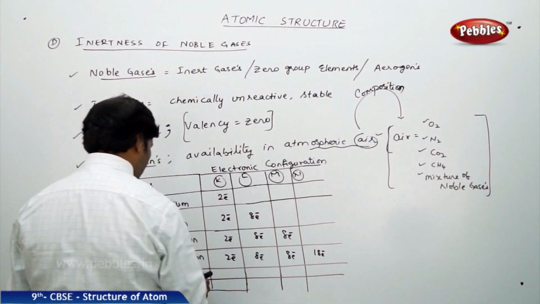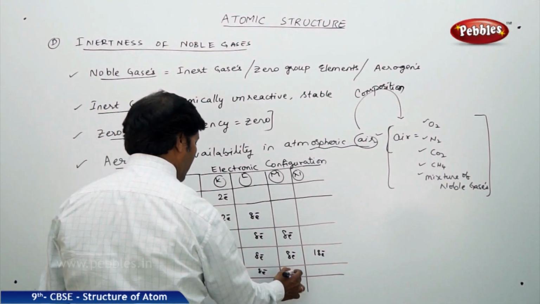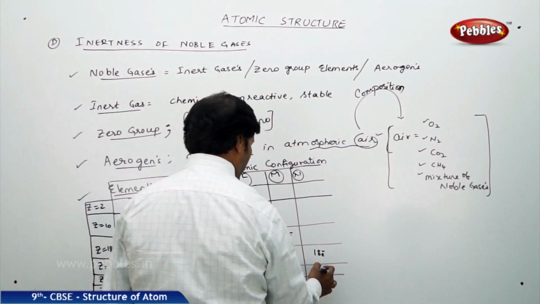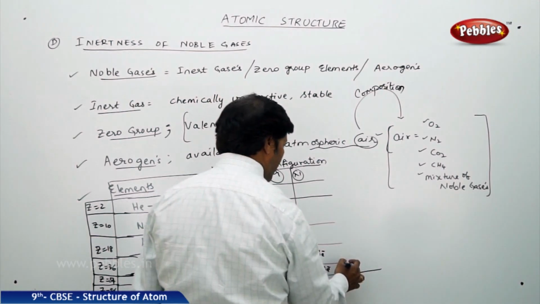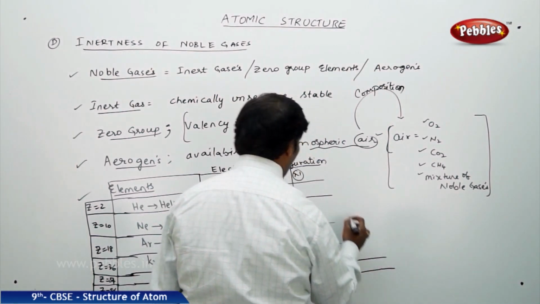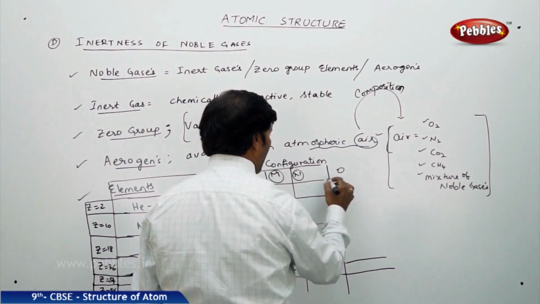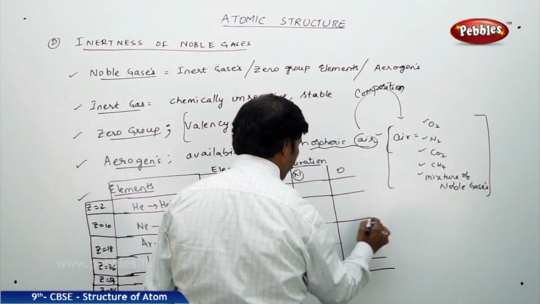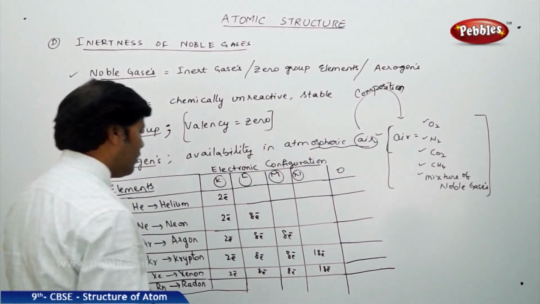Then if you go for xenon, this is 2 electrons, again 8 electrons, then 18, and I think we have to go for one more shell, particularly in the case of xenon and radon.